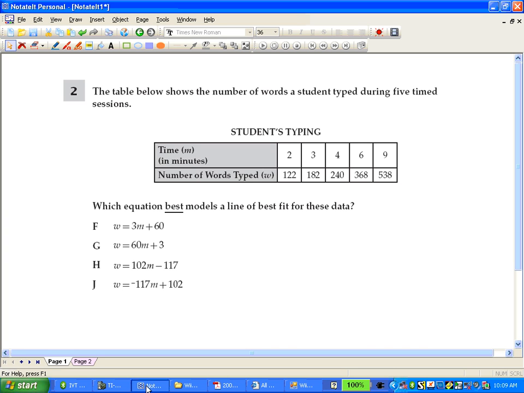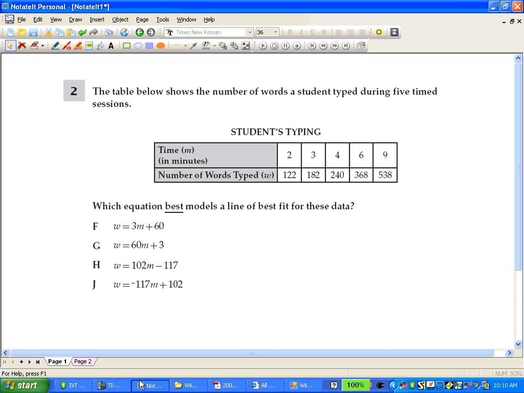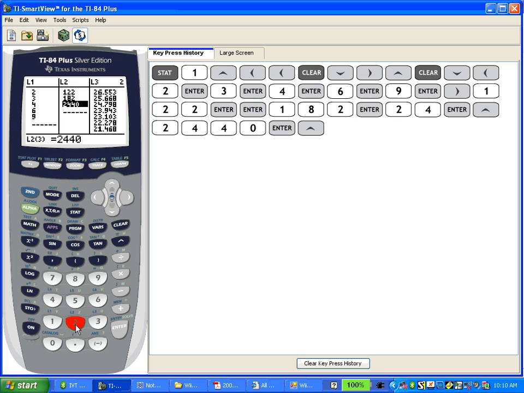My Y values are my words typed. So we got 122, then 182, 240, 368, and I believe it was 538.